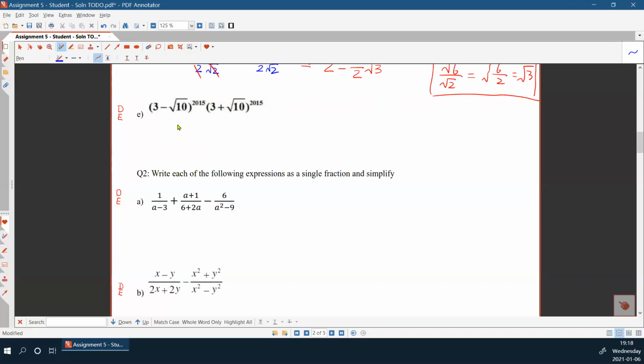Most of you have not done it. So this question actually checks your knowledge about this formula. Okay, first of all, it checks your knowledge of the operation of exponential expressions.